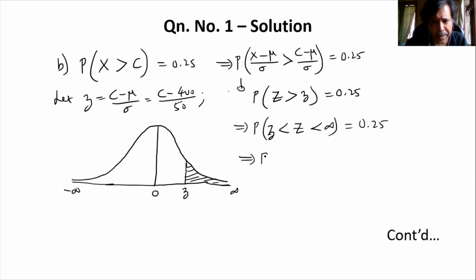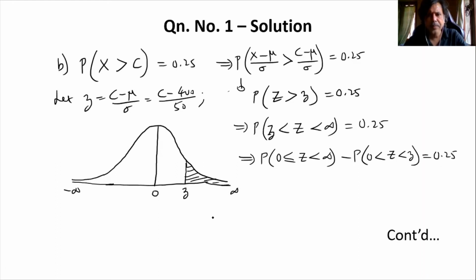I believe we will rewrite it as probability of 0 less than or equal to Z less than infinity minus probability of 0 less than capital Z less than small z. This should give me 0.25. That's what it is, right? Now, what is this?